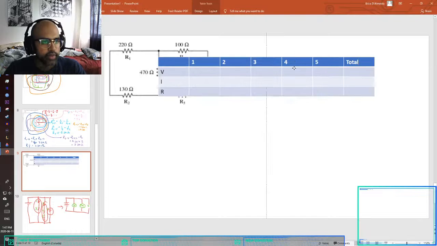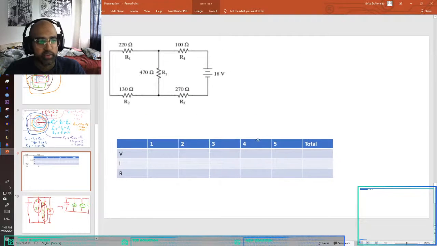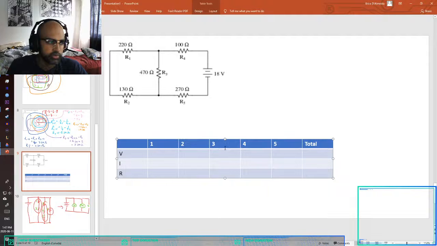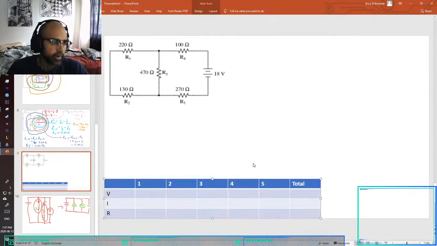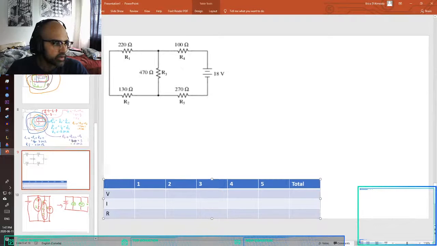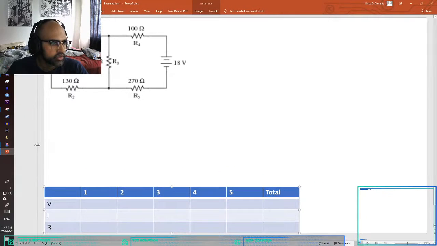Wonderful. First things first, let's put in everything we know. Let's actually make this thing as big as possible, easier to see maybe. I'm blocking off something now. Wonderful.